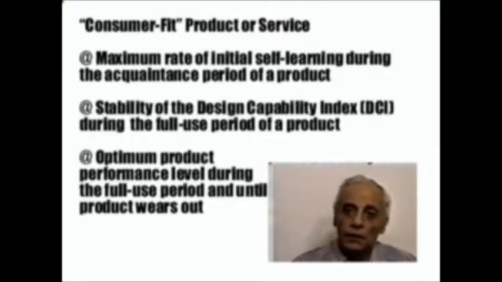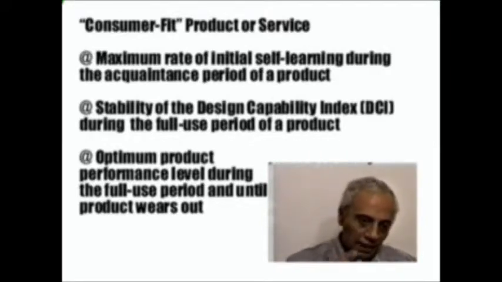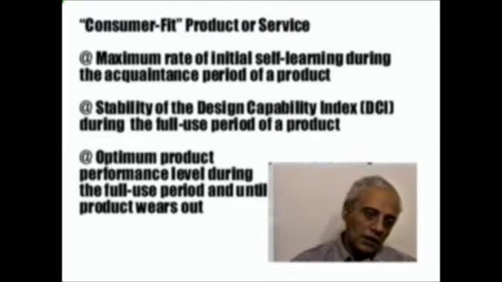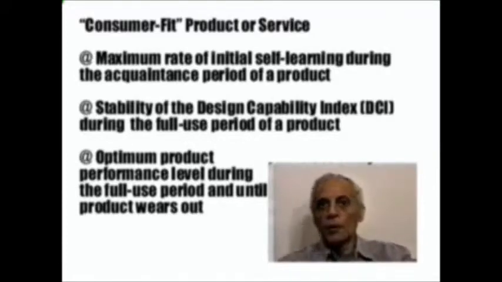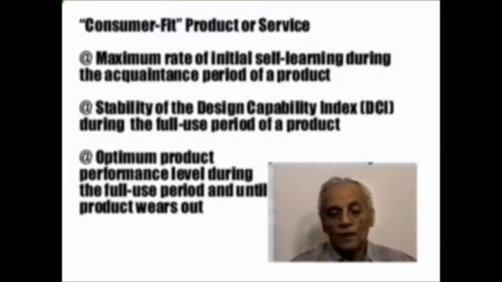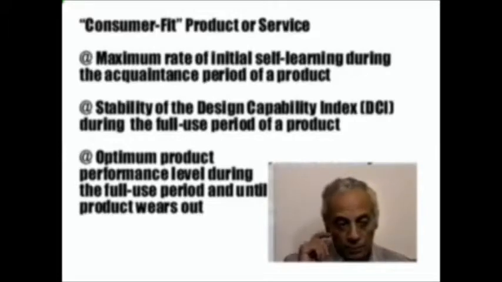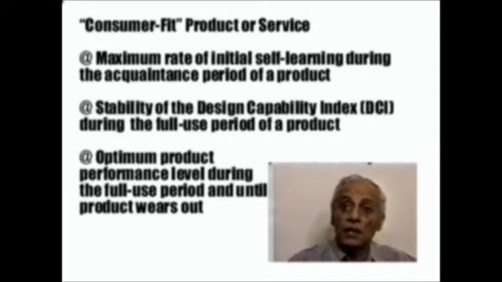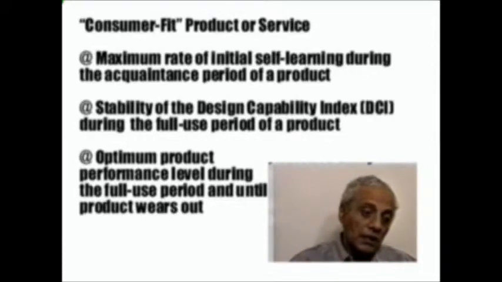So did we design a product so that even over a certain period of time the design tolerance will still match the specified expected tolerance by the consumer? Then the third issue is optimum product performance level during the full use period and until the product wears out, meaning that the product will not be shaky or inconsistent in its performance.